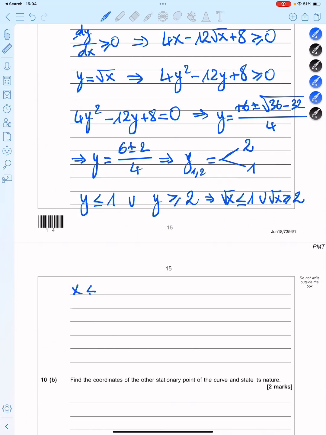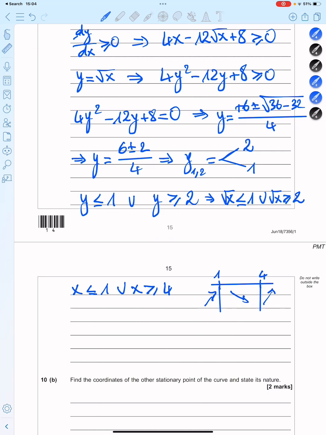So x less than or equal to 1 and x greater than or equal to 4. So in these intervals our function is increasing. So let's say we have 1 here, 4 here. So it means here is increasing, and in between is decreasing.